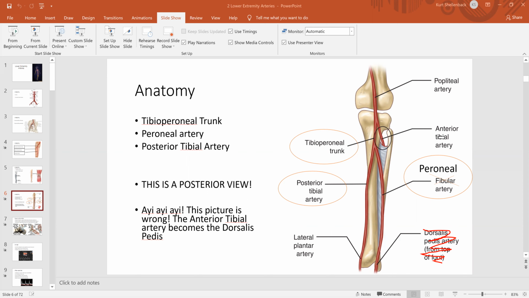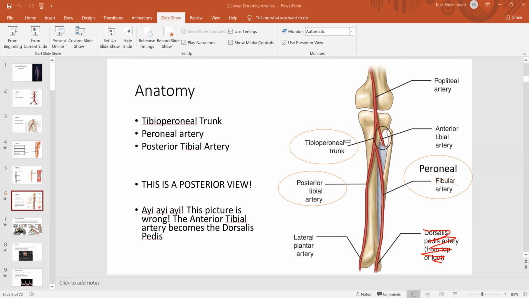You're going to look at the lateral side of the shin bone, the tibia, and it will lay on top of the fascia that runs from the tibia to the fibula. So it'll lay somewhere on top of that fascia. So that's where you're going to be looking for that one. In veins, we generally skip the anterior tibial veins. In arteries, we do not skip this. So go ahead and look for this guy and follow him.